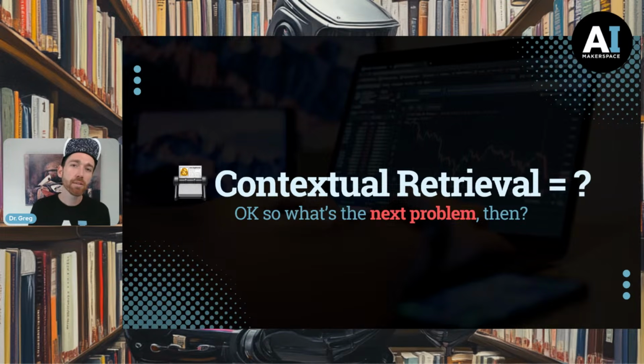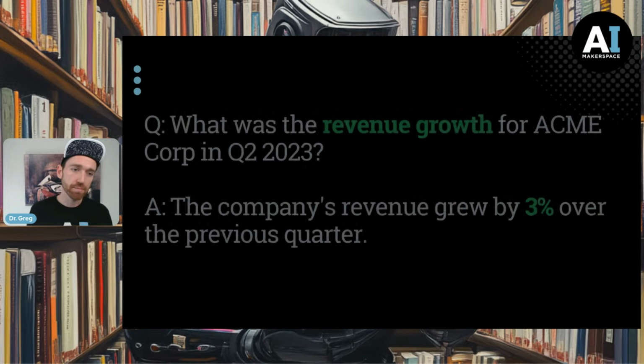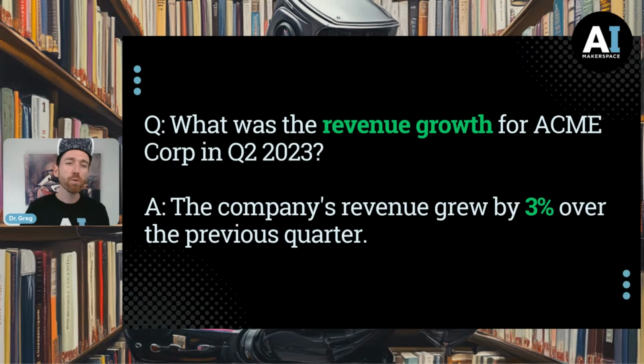Well, consider this question. What was the revenue growth for whatever corporation in this quarter? And you might say, well, revenue growth 3%. Boom. Nailed it. However, if we look at this a little bit closer, we're actually putting this into the prompt.